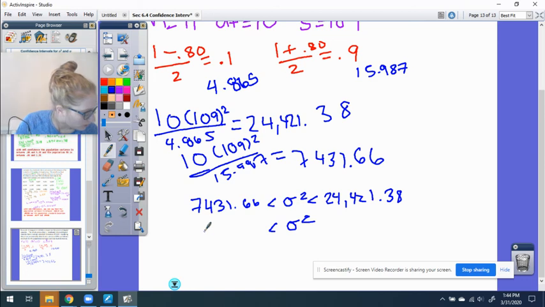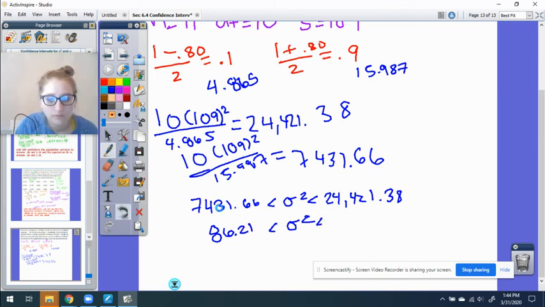So the square root of 7,000 is 86.21. Oop, I already wrote that. And the square root of 24,000 is 156.27. All right, so then the only thing left is we're going to write our sentence.